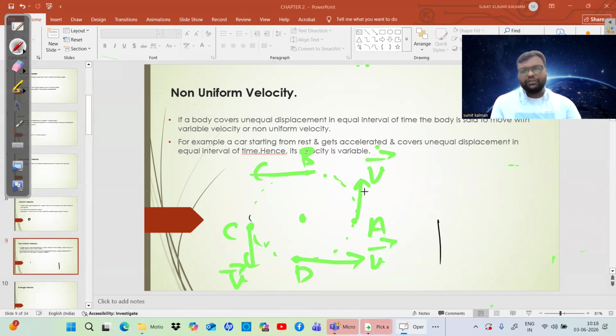It is along the tangent to the circular path. So the velocity will be different. The speed will be constant along a circular path, but the direction is different, so velocity will be different. This is a very good example of non-uniform velocity if a body is moving along a circular path. Here speed is uniform, but direction is changing at different points, so its velocity will be non-uniform.